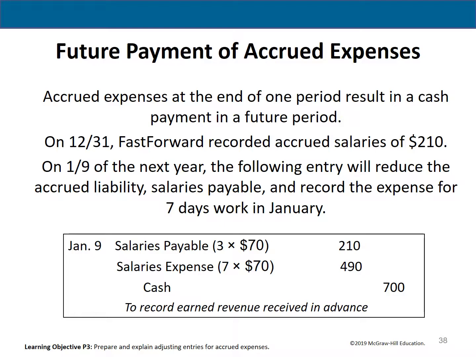The first 3 days has already been recognized as an expense last year and is currently waiting to be paid as a liability. So salaries payable will be debited. They're paying that now. The remaining 7 days are recognized as an expense because they occurred in this current financial period after the financial statement was completed.